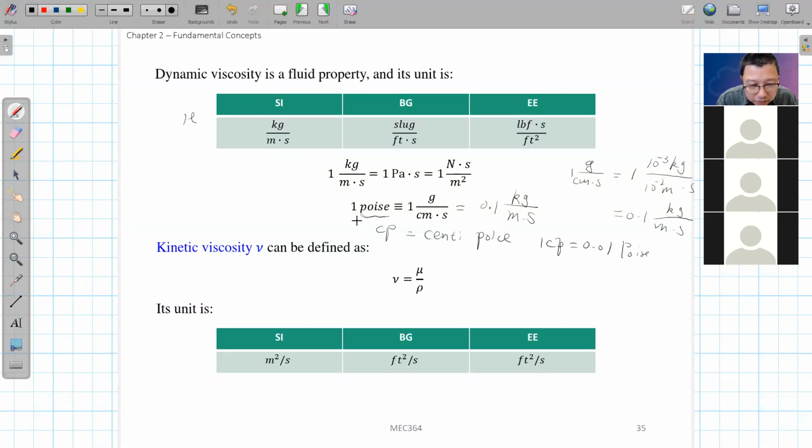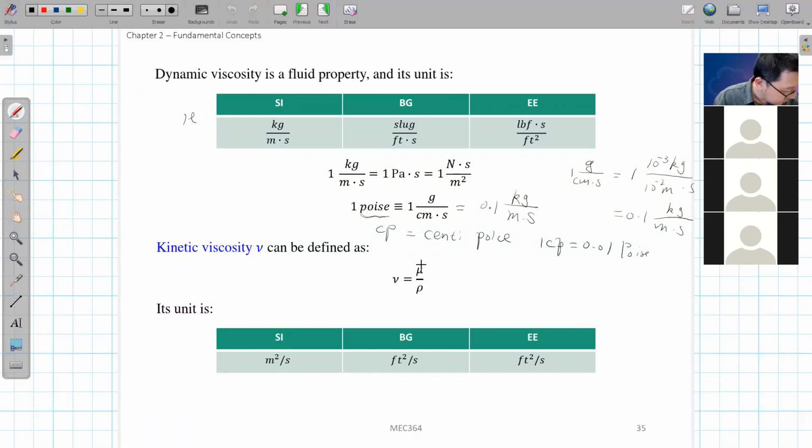Correspondingly, the unit for the kinematic viscosity will be meter squared per second, and feet squared per second for the E system. Okay, so this is just some introduction for the viscosity. And any question here so far?